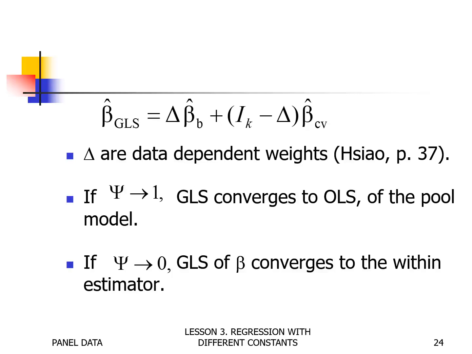So the important thing is, what is the typical value of capital psi? Capital psi is typically like 0.07, 0.05 or so. So typically the GLS is close to the within estimator. It's not very far from the within estimator. So that is the typical value of capital psi in practice.